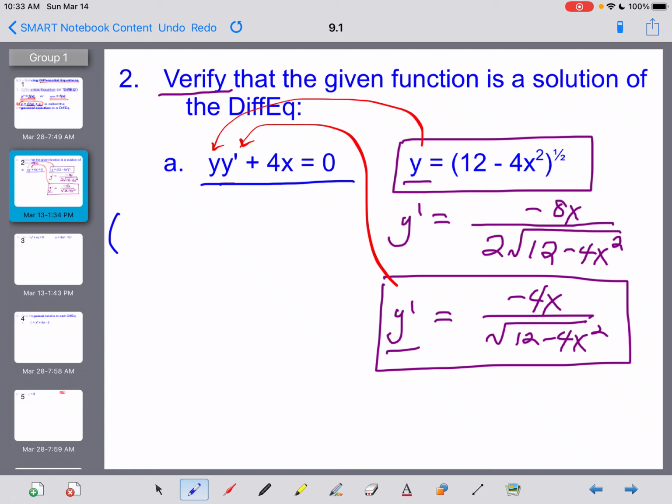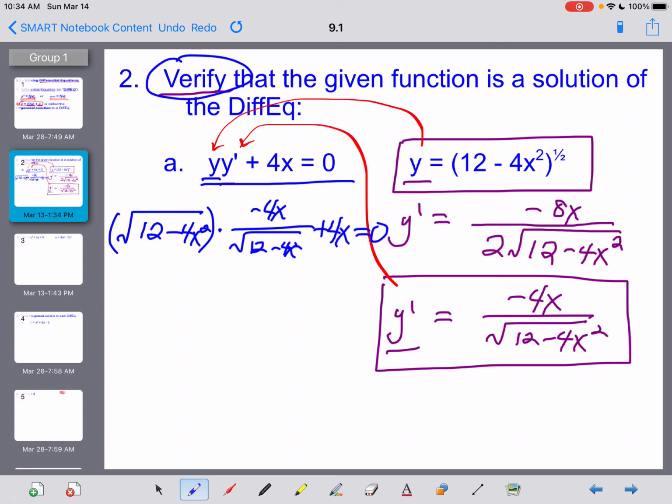The y becomes, I'm going to make that a square root rather than a 1/2 power, the square root of 12 minus 4x squared, and that takes the place of our y. Multiply that now by y prime, which is negative 4x over the square root of 12 minus 4x squared. So there's y times y prime plus 4x should equal 0.